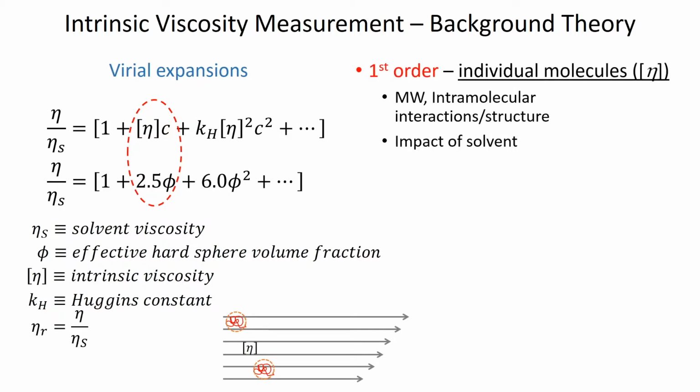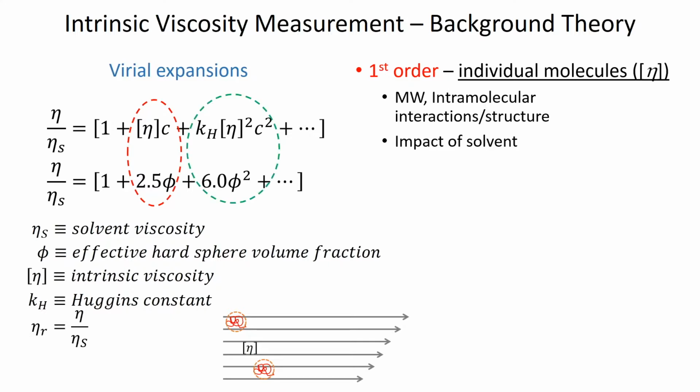It's going to depend on things like the molecular weight, the intramolecular interactions and how that relates to the structure of the molecule, and then also the impact on the solvent or your solution medium, and whether that causes the molecules to either expand or contract and collapse on themselves. So the first order term, characterized by this coefficient, the intrinsic viscosity, is speaking towards the individual molecule features.